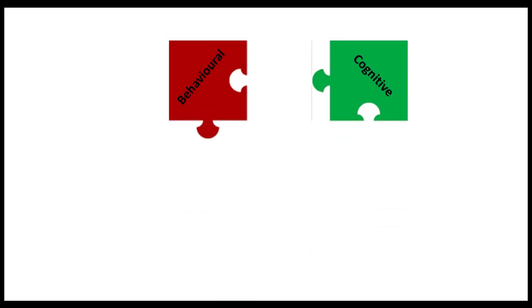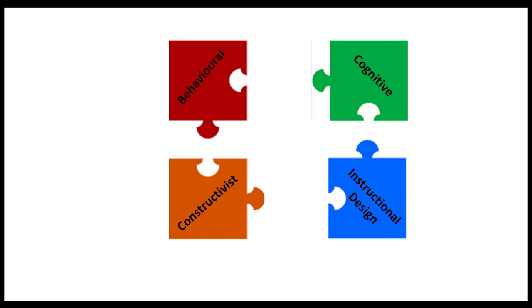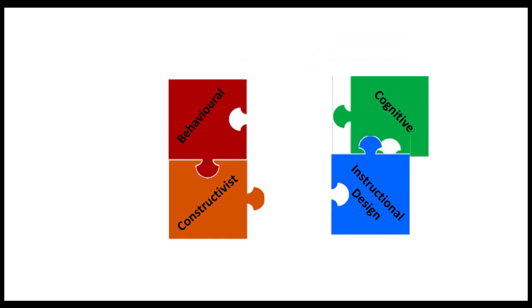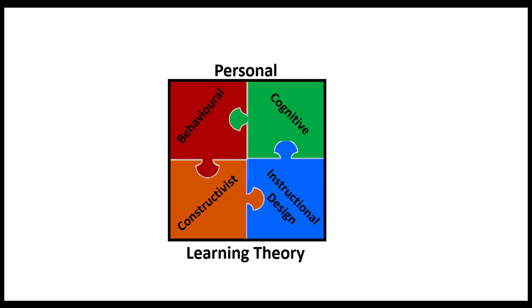As a personal learning theory, I'm just going to take the three pieces that I've talked about, the behavioral, the cognitive, the constructivist, and then add the instructional design, the pedagogical techniques we're using to actually put all these things together into our personal learning theory.